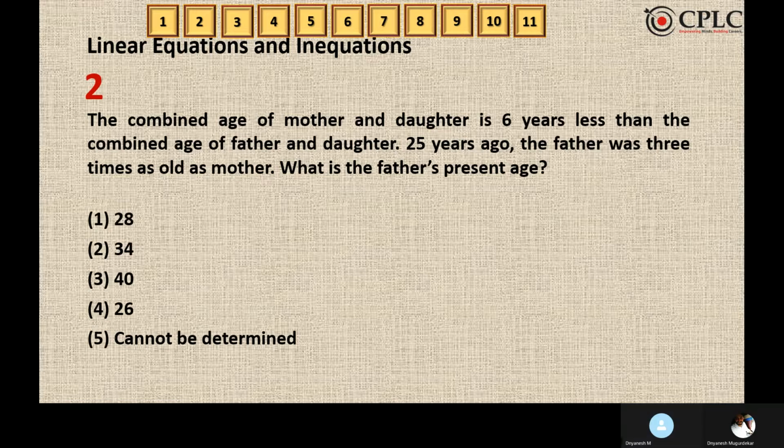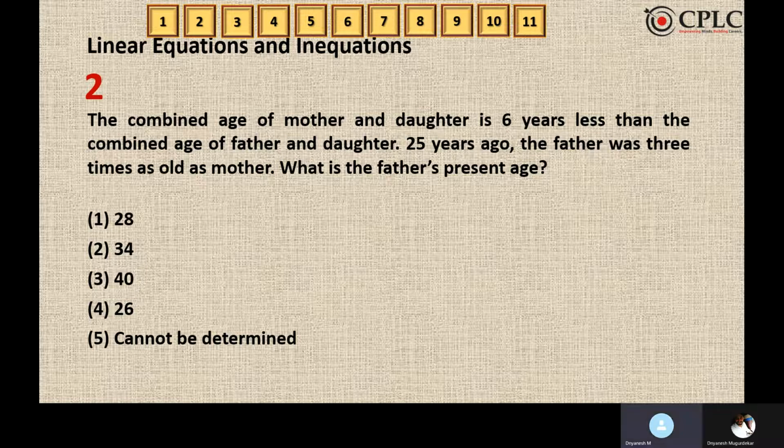Second one: the combined age of mother and daughter is 6 years less than the combined age of father and daughter. So the first equation will be m plus d, combined age of mother and daughter, is 6 less, minus 6, than the combined age of father and daughter, that is f plus d minus 6. Second equation: 25 years ago, father was 3 times as old as mother.